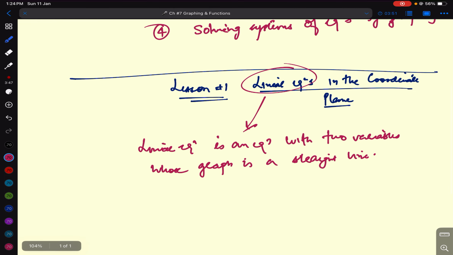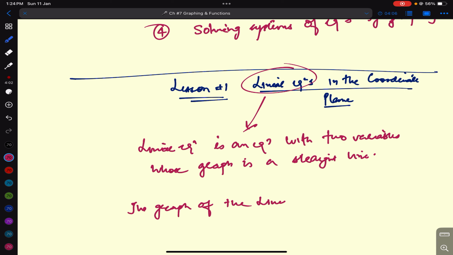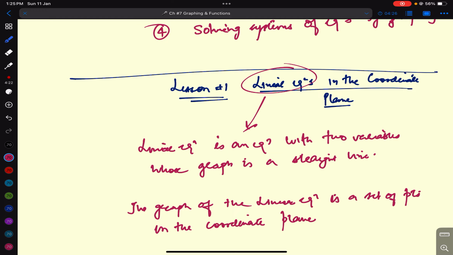Okay, how do we define the graph of the linear equation? It's a set of points in the coordinate plane that are the solutions to the equation. So the graph of the linear equation is a set of points in the coordinate plane that form the solutions of the equation.